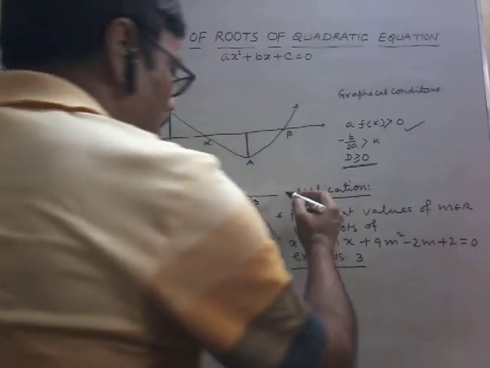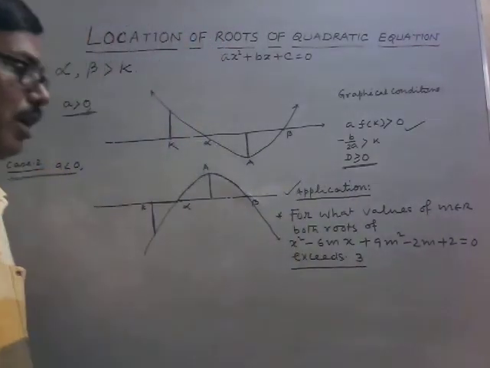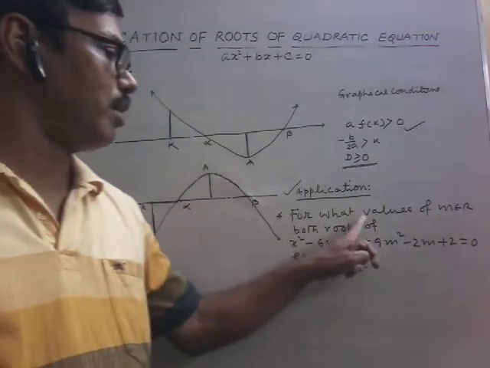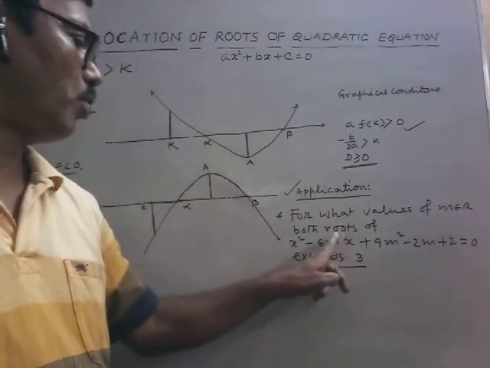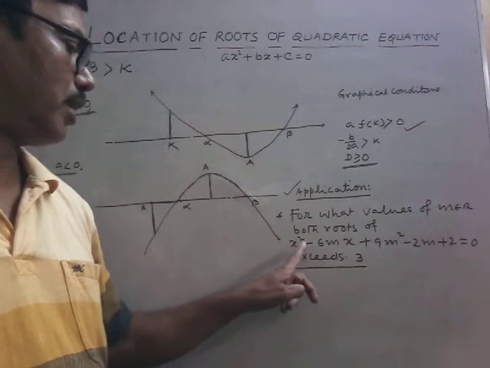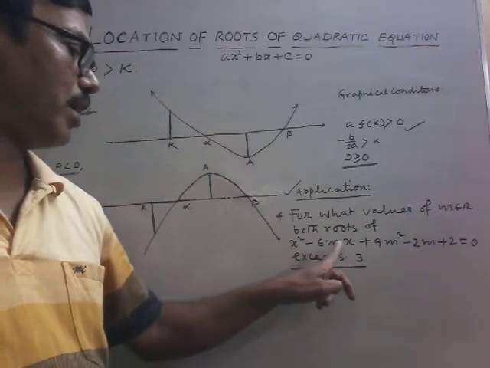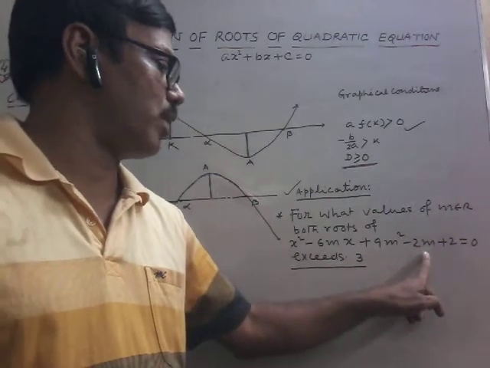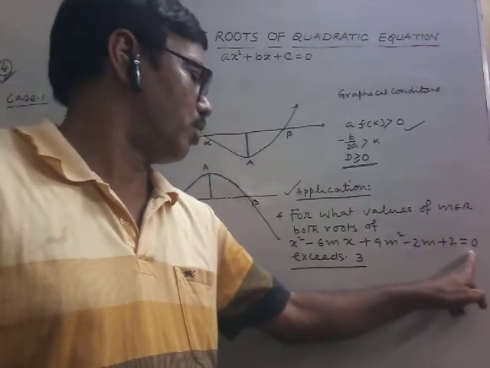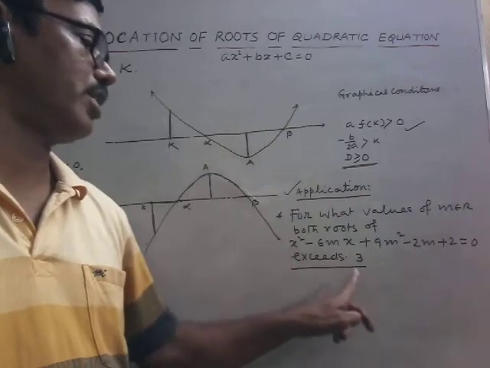Now, application. For what values of m belonging to R do both the roots of the equation x square minus 6mx plus 9m square minus 2m plus 2 equals 0 exceed 3?